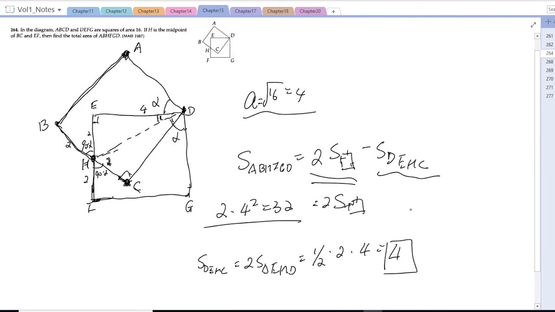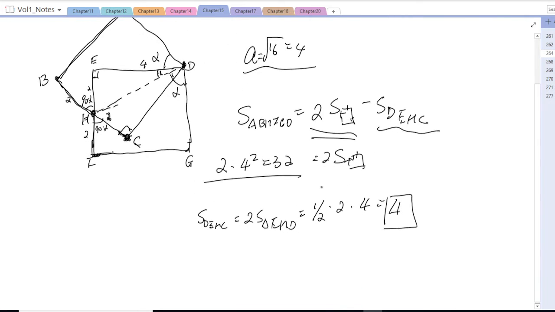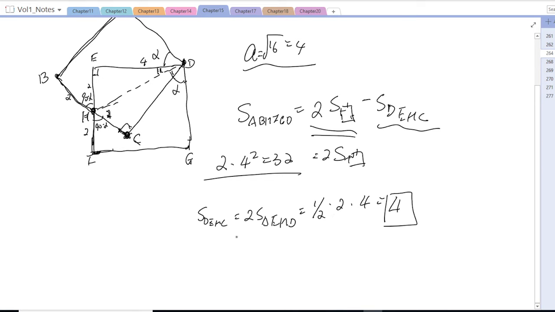Now you take out this 4, so the area of ABHFGD is 32 minus 4, which is 28.